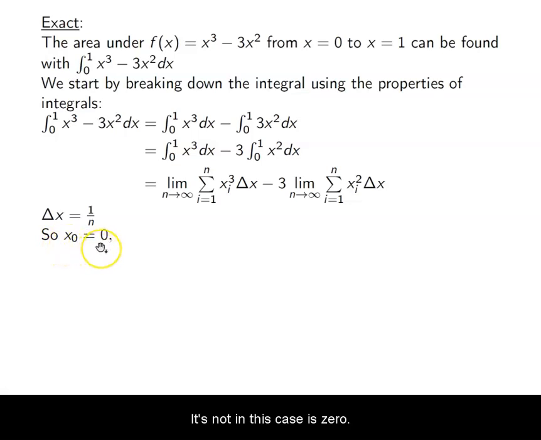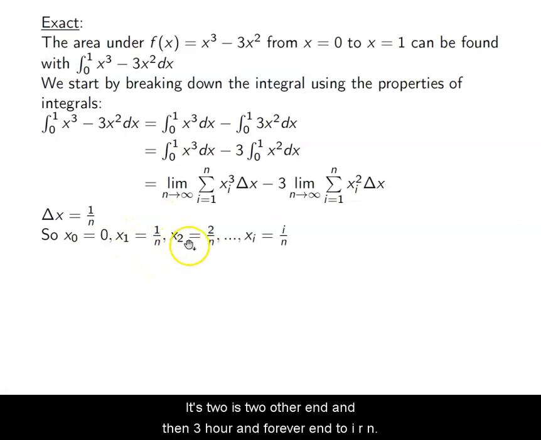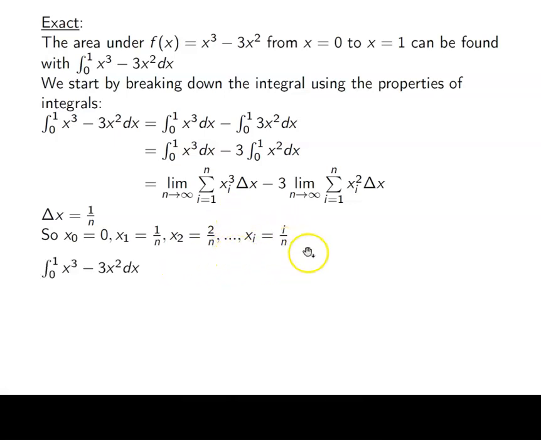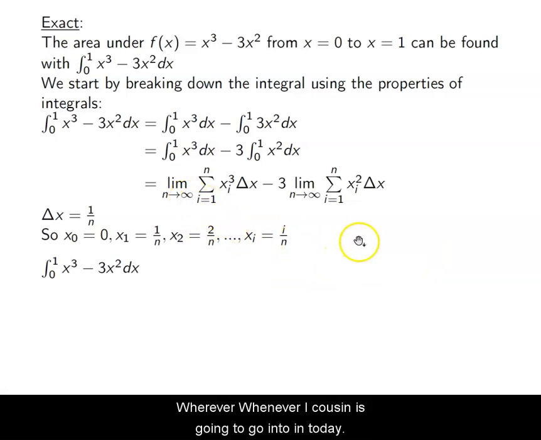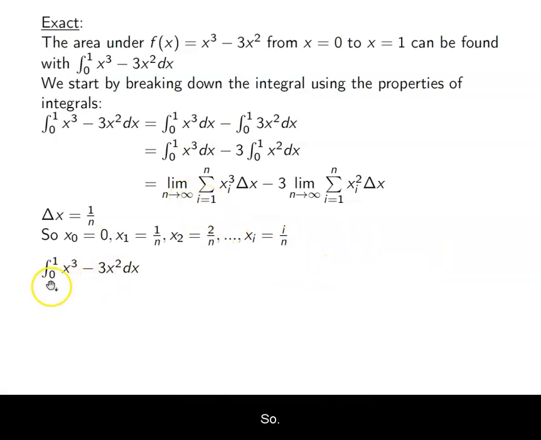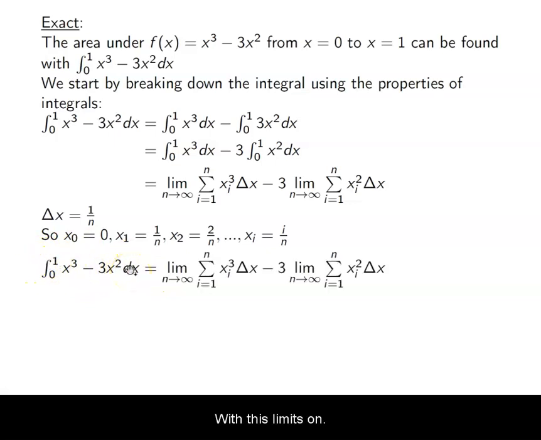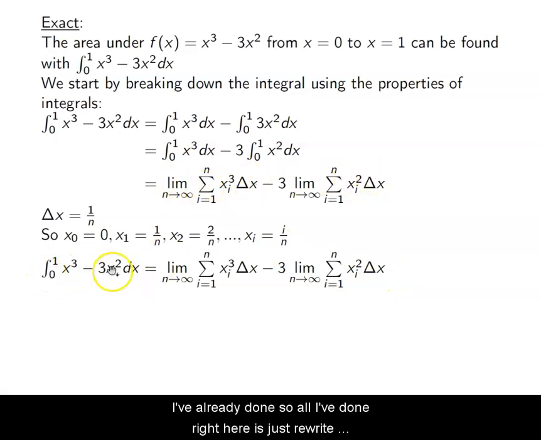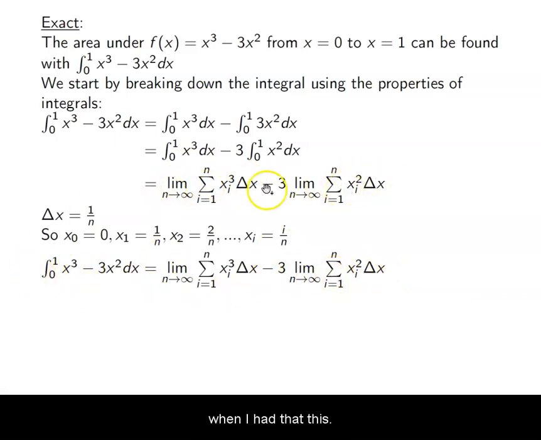x naught in this case is 0. x1 is 1 over n. x2 is 2 over n, and then 3 over n, 4 over n, to i over n, forever and ever, right? Because n is going to go to infinity. So I can now replace this integral with this limit of a sum, which I've already done. All I've done right here is rewrite what I had at this point.